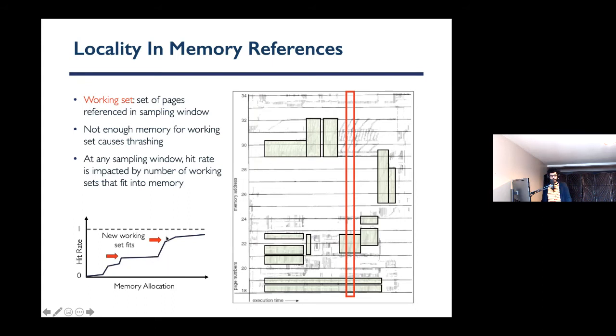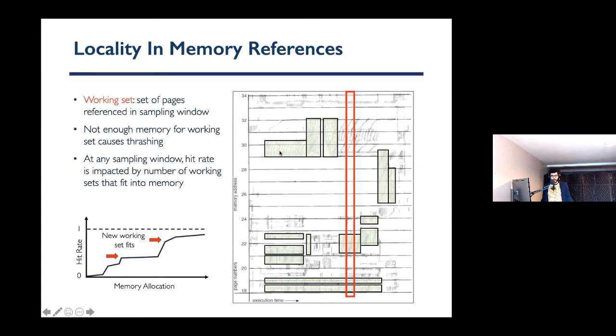Every single jump here means that I have been given enough memory to have space for a certain range of memory for myself. So that gives me a big boost in my hit rate.